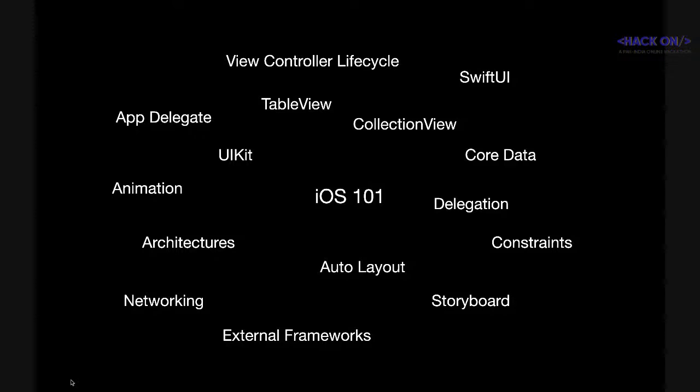You can define your app-level logic in the app delegate. It has app-level access, so you can define all the methods there. And it has methods that tell you when the app is in the background, when the app is in the foreground, and other methods.